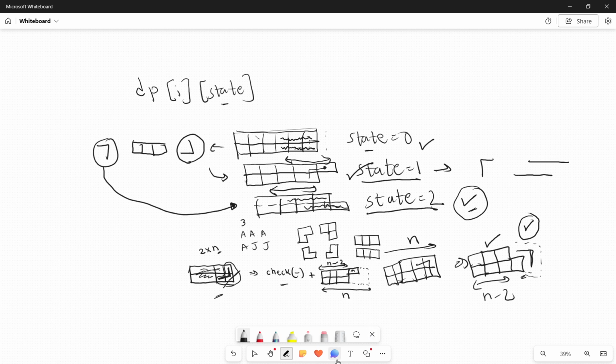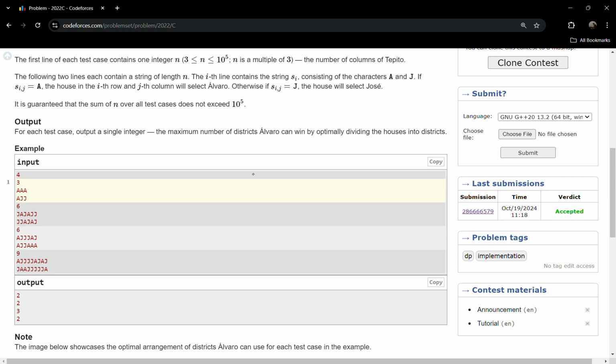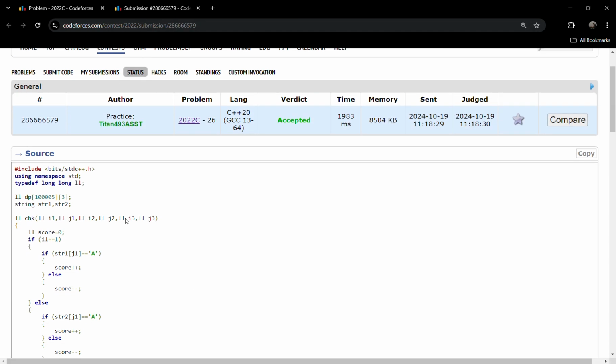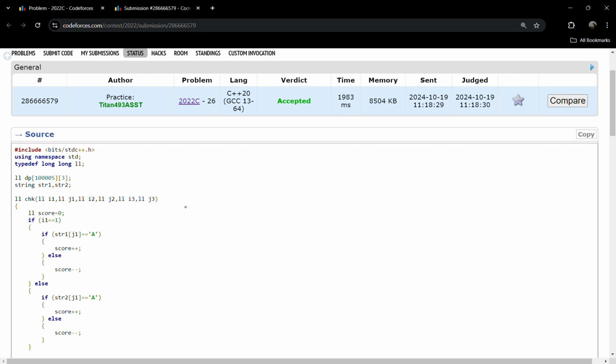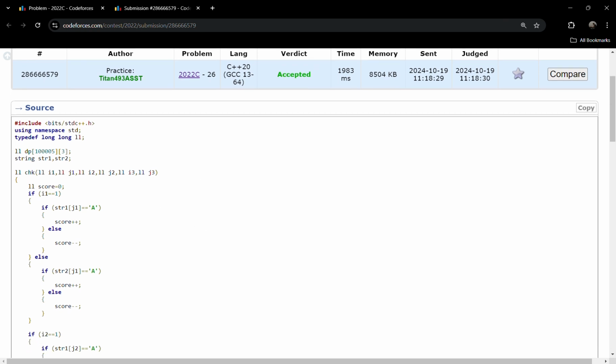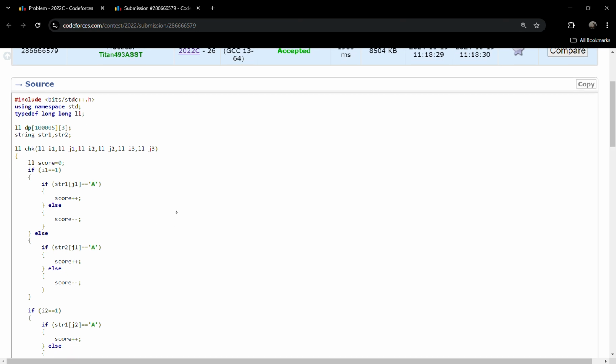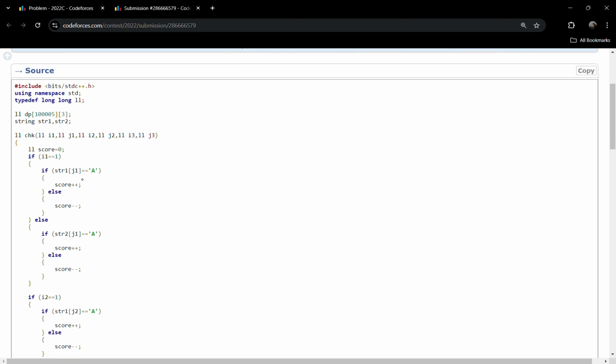So let us head to the code. Here I am using this typedef long long ll, and then this is my check function. Basically my check function is checking whether that district will vote for Alvaro or for Jose.